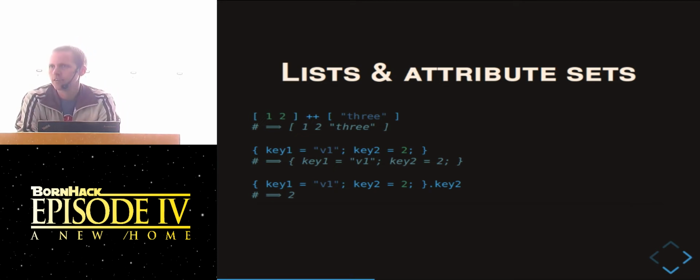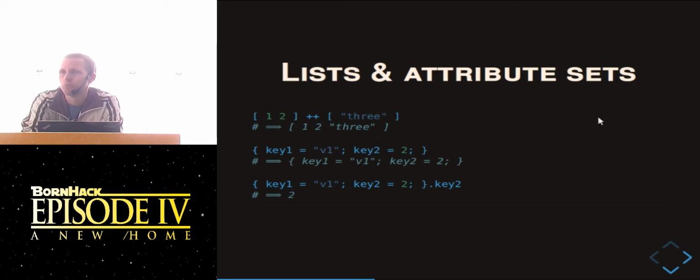Like I said, Nix is not strictly typed, so you're allowed to have lists of this form, heterogeneous lists. Lists are quite useful, and we'll see them in the future. It also has something called attribute sets.